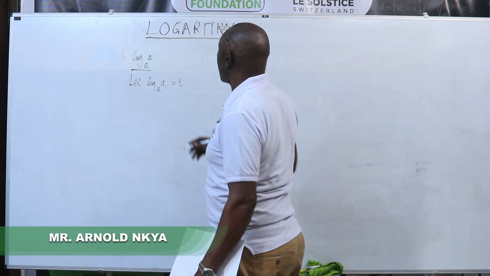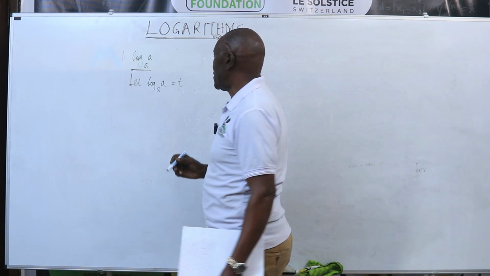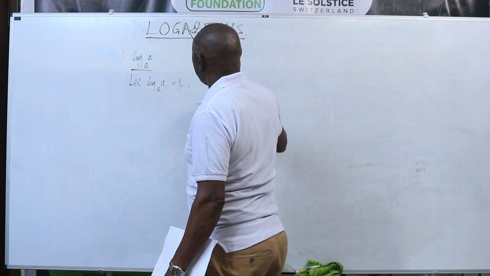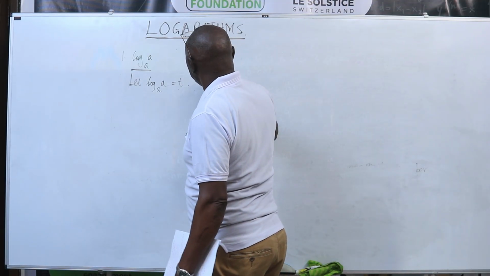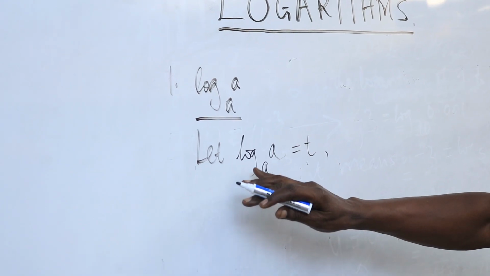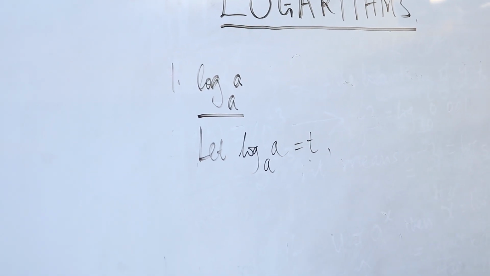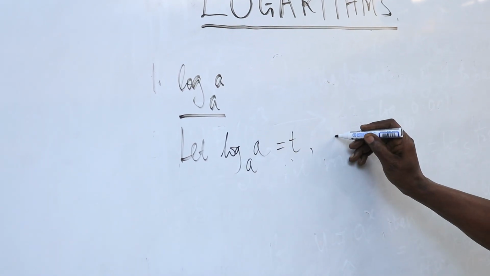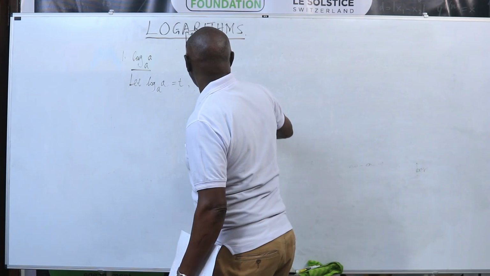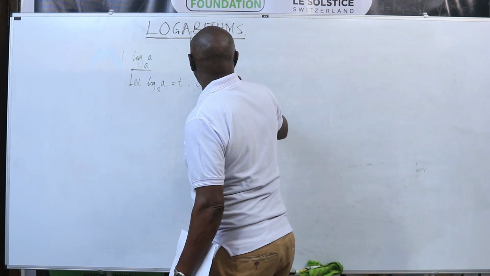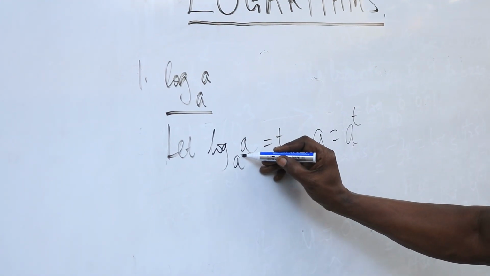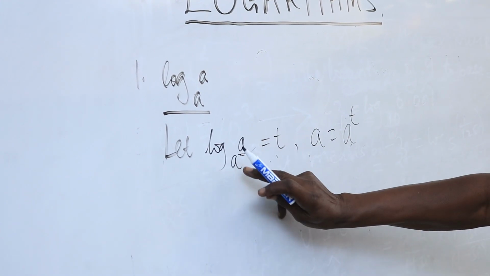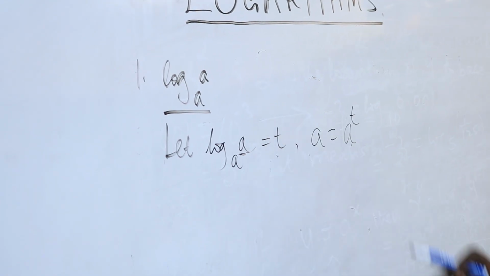So let logarithm of A to base A be equal to t. Now, we can change this logarithmic equation into exponential equation as A is equal to A exponent t.